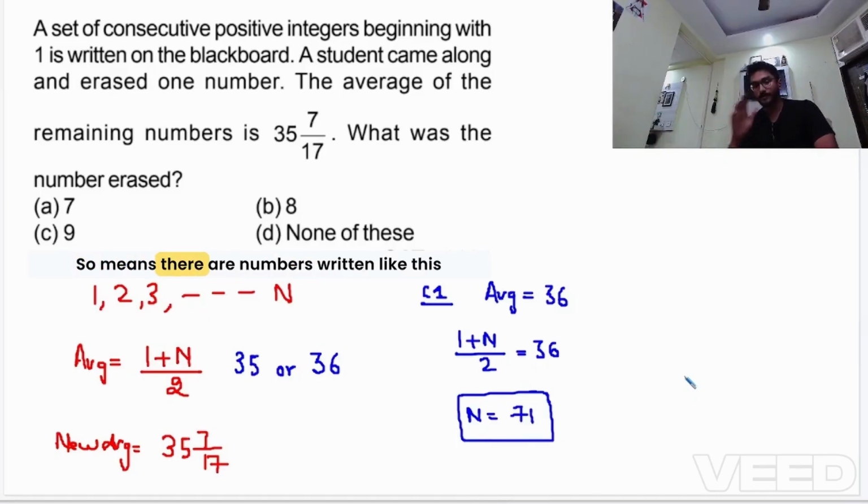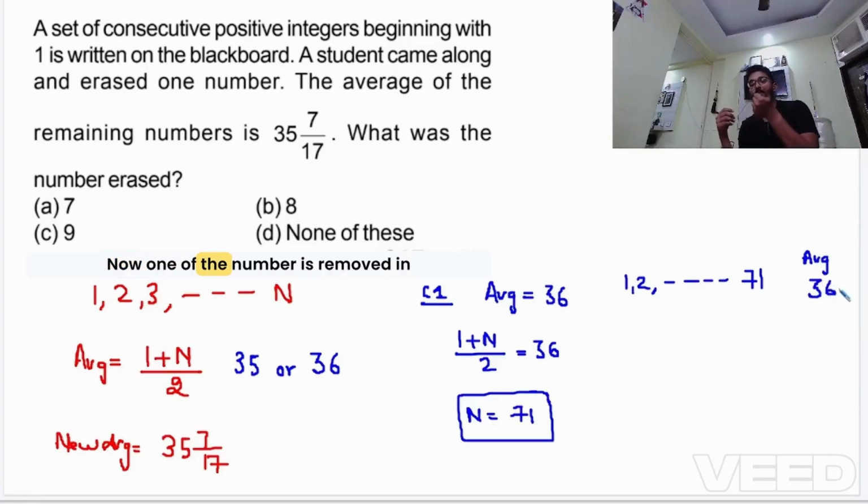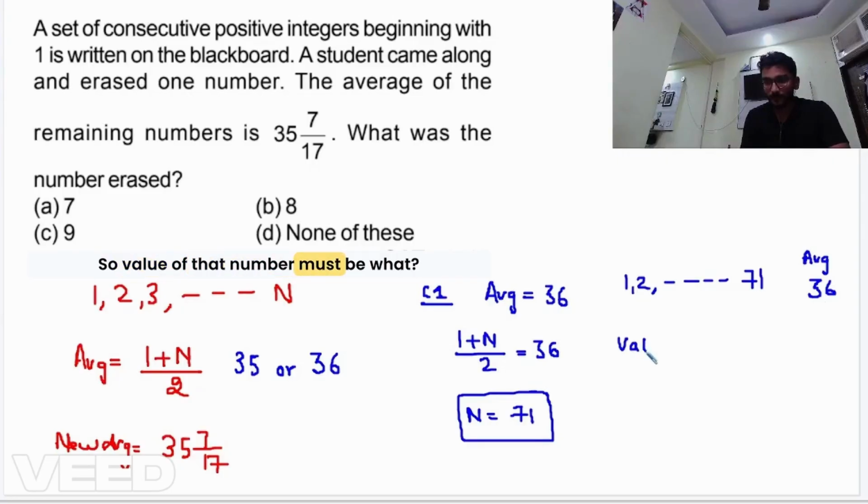So the numbers are written like this: 1, 2, till 71. The average of these numbers is 36, as we have assumed. Now one of the numbers is removed, from 1 to 71, some number is removed. So the value of that number must be what?